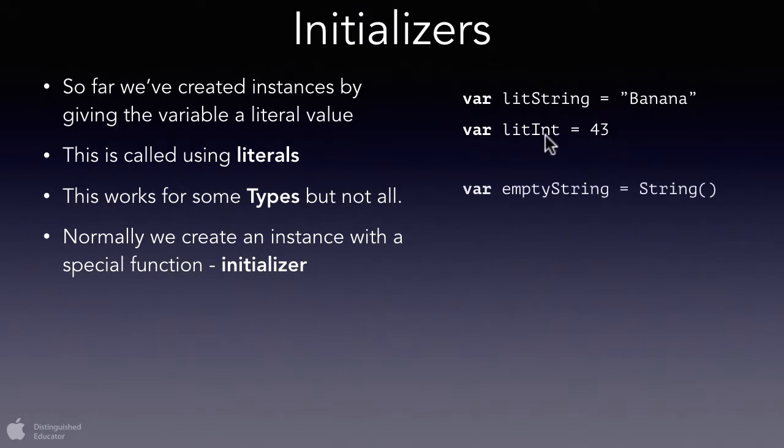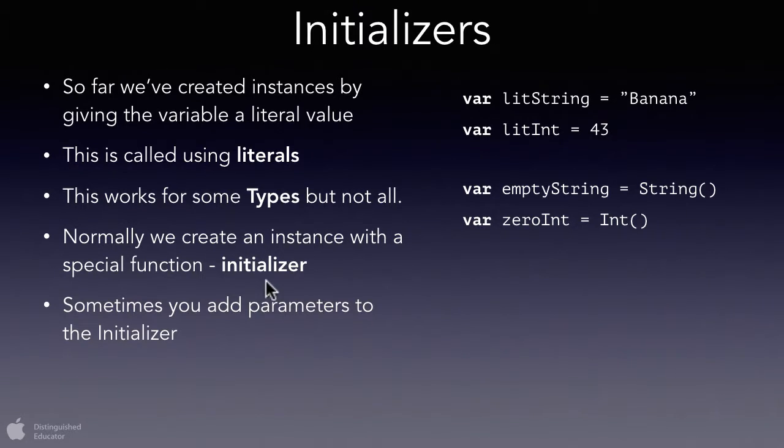It works for strings, and it works for integers and booleans and so on, but there are actually types that it won't work for. Even if it works, like with strings, you could also use the more normal method where you actually use the initializer like this.